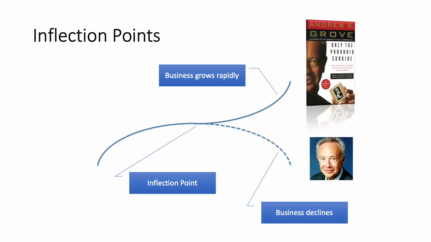The roots of this actually come from a different place. This is Andy Grove, who was a CEO of Intel and wrote a great book called Only the Paranoid Survive, which maybe should also be on your reading list.